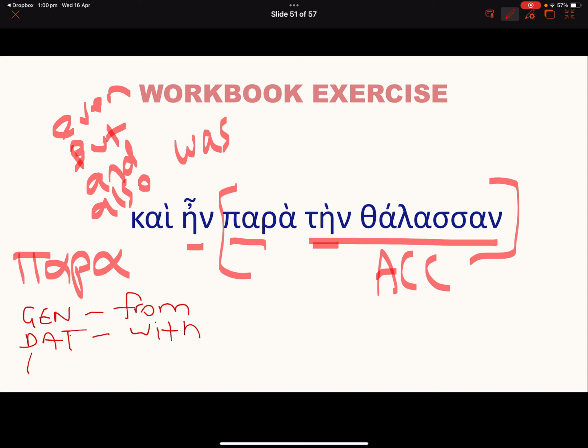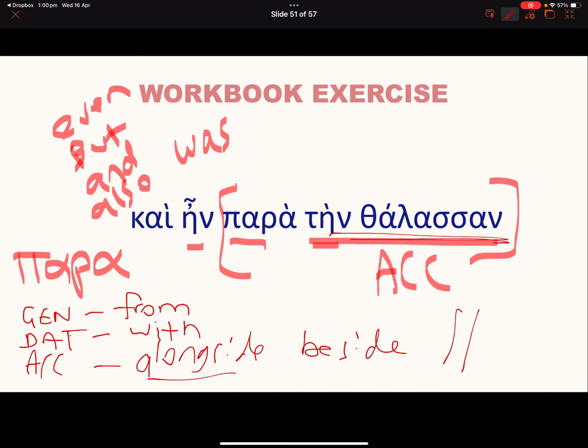And then we've got our accusative, which means alongside or beside, right? It's got that parallel meaning when it's in the accusative. So this is in the accusative case. So para means alongside, and tein thalassan means the sea, the sea.